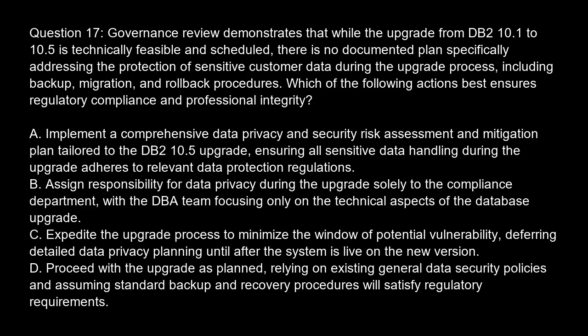Option C. Expedite the upgrade process to minimize the window of potential vulnerability, deferring detailed data privacy planning until after the system is live on the new version. Option D. Proceed with the upgrade as planned, relying on existing general data security policies and assuming standard backup and recovery procedures will satisfy regulatory requirements.